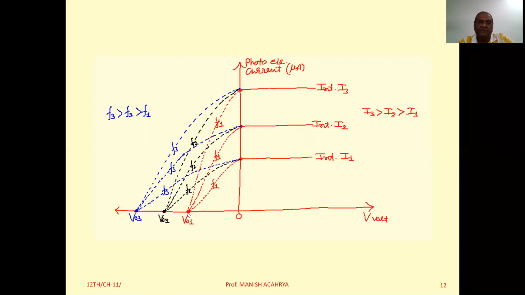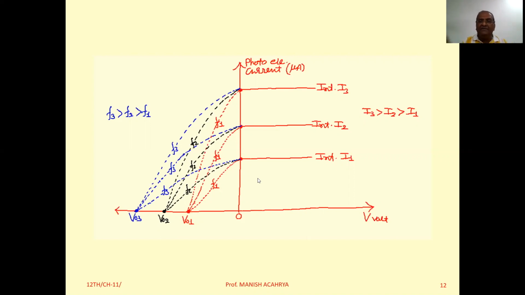Then after, the experiments were repeated like this. See, in this first set of experiments, the frequency of the incident radiation was kept constant and the intensity of the incident radiation changed.